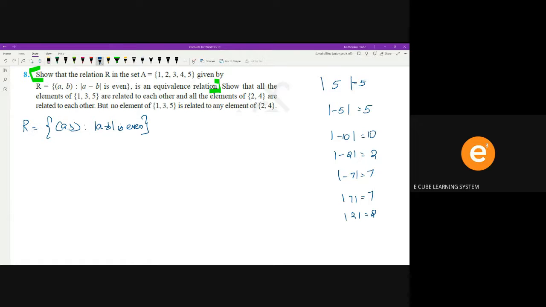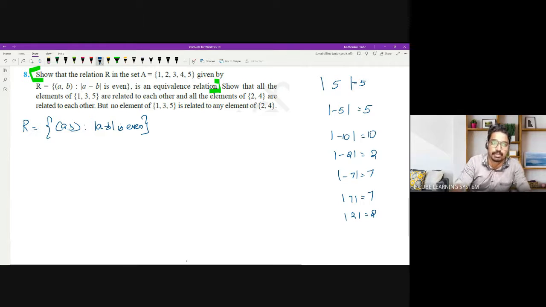But 0 is also an even number. Just note it down. Zero is also an even number, because that idea is also required in order to answer the given question.